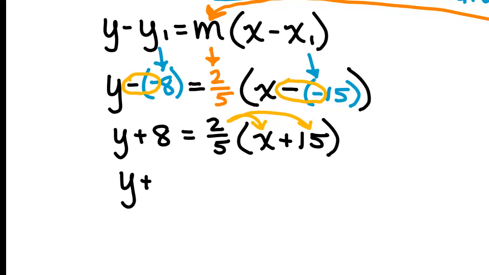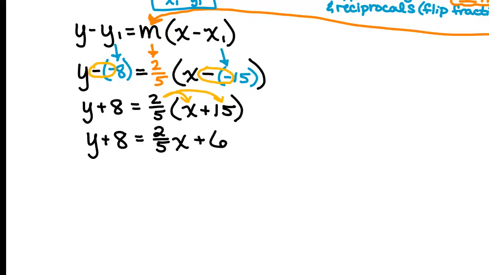So I would have y plus 8 equals 2 over 5 times x would give me what? Yep, 2 over 5x. And what is 2 over 5 times 15? 6. So 2 over 5x plus 6. Now does this look like this? No. What else needs to change?